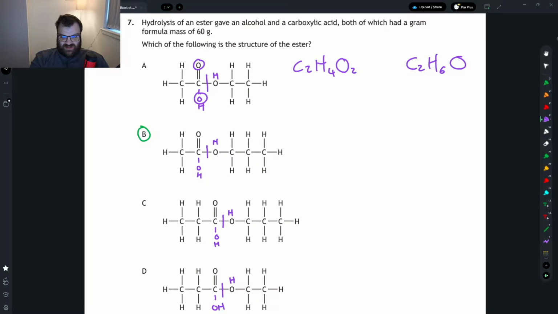So this would be 24 and 4 and 32. So the left side does equal 60, but this is only 24 and 6 and 16, so that's going to be 46. They don't match up, so I was correct to ignore that one.